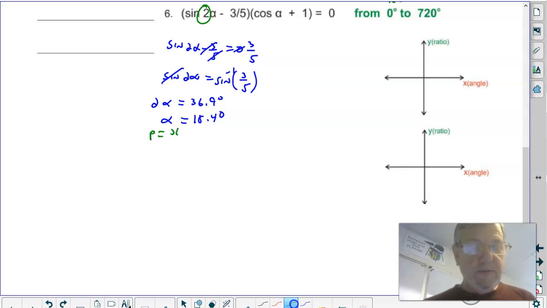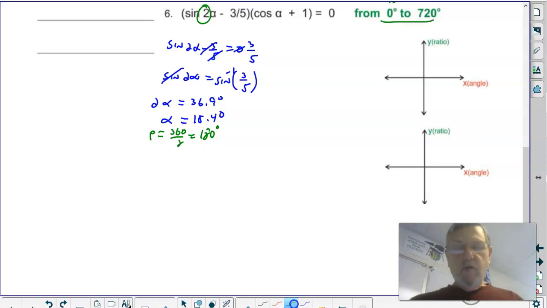So the period is 360 divided by 2, or 180 degrees. So that means over the 420 for this one, I have 4 waves, and I should expect 4 values, 3 more with that 18.4. So let's do this one first, then I'll do the second one.